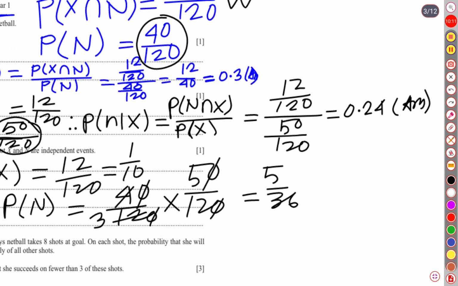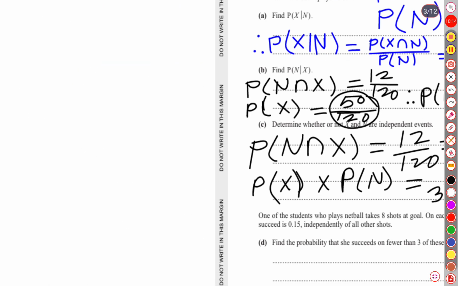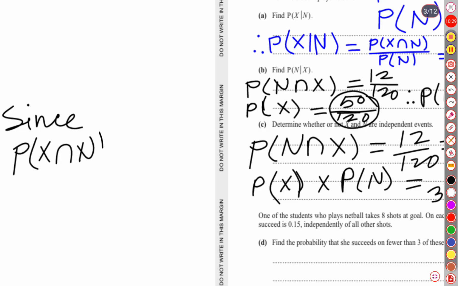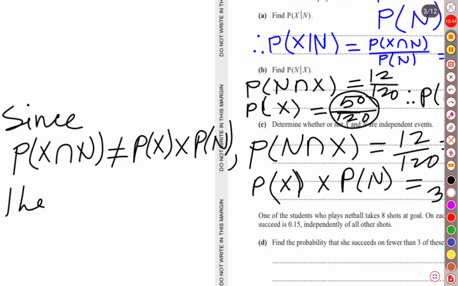Finally, we will write, since the probability of x intersection n is not equal to the product of the individual probabilities of x and n, then the events x and n are not independent.